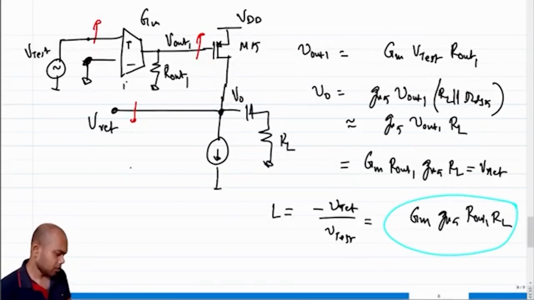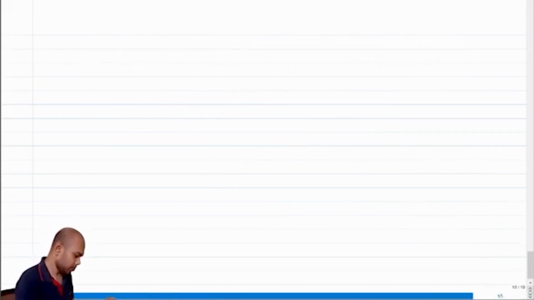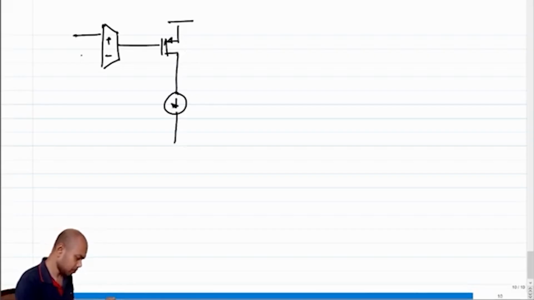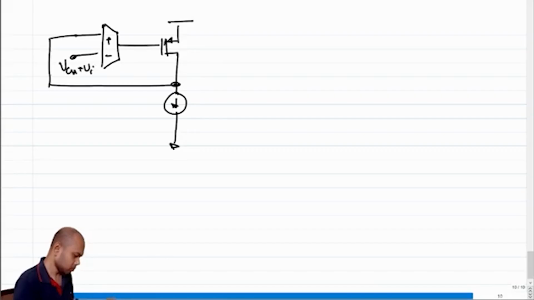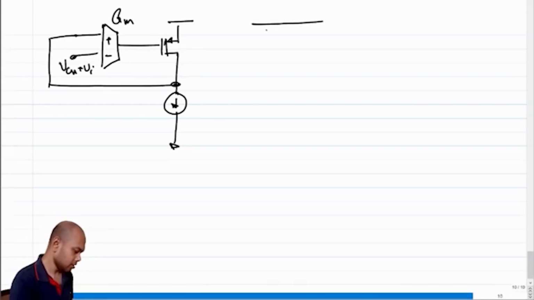Okay, fine. So now let's get rid of all these symbolic GMs and put the transistors back. Let me sketch this once, and let's see what the transistor equivalent of this circuit looks like. This GM, we know this is a single stage differential amplifier.